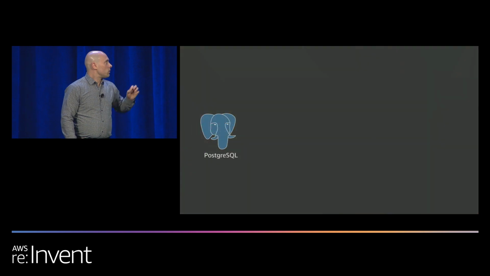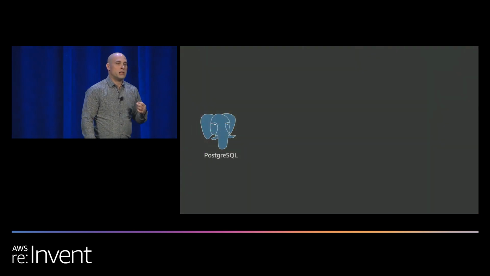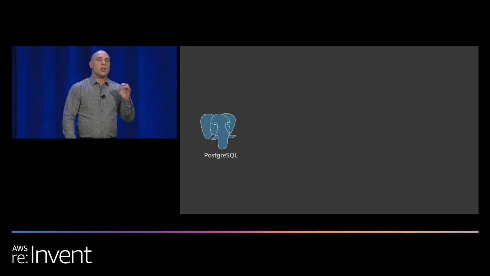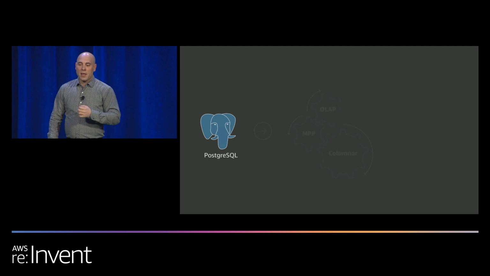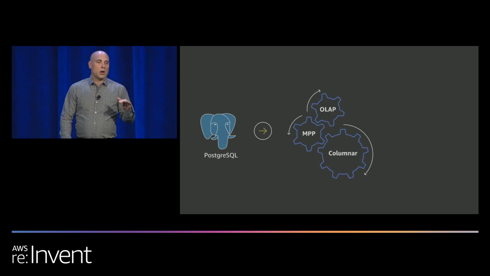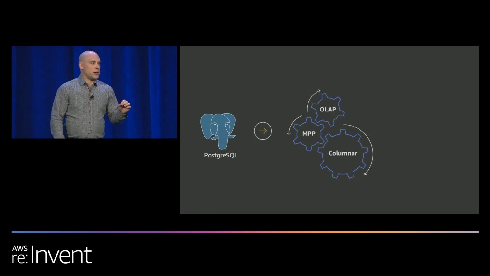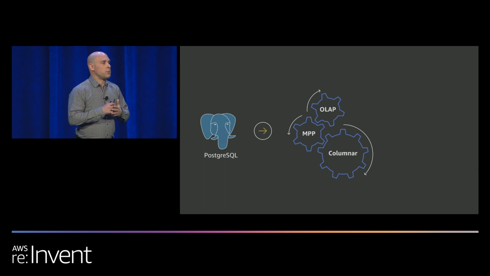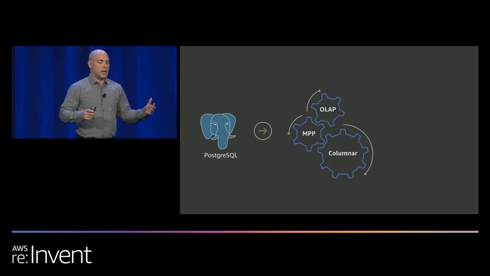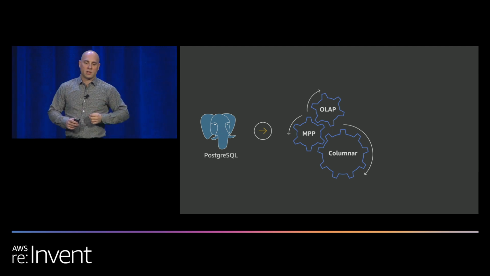Redshift really starts out life from Postgres. If you connect to Redshift, depending on the client you're using, you might even notice a Postgres connection string come back. We entirely rewrote the back end. It is entirely columnar, so the storage engine is nothing like Postgres. It's also MPP, so Redshift has the ability to scale out horizontally up to 128 compute nodes or 8.2 petabytes of storage.